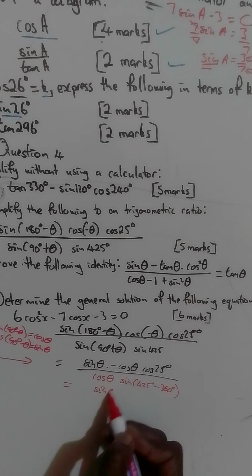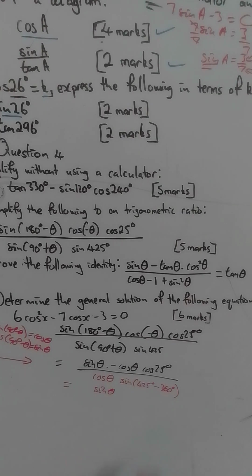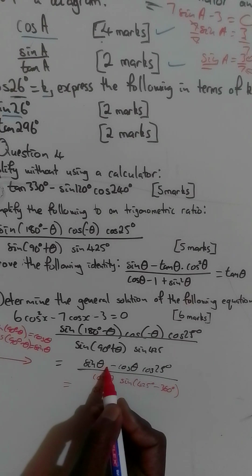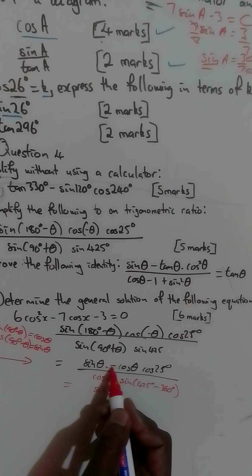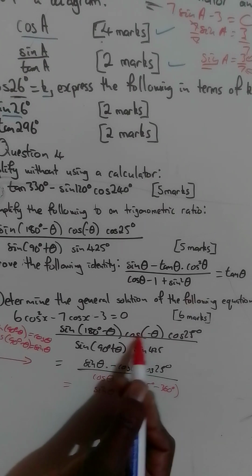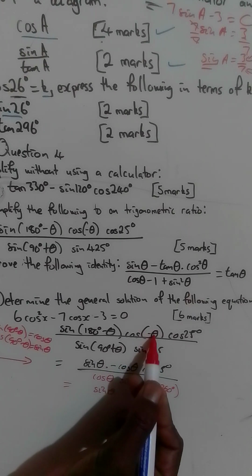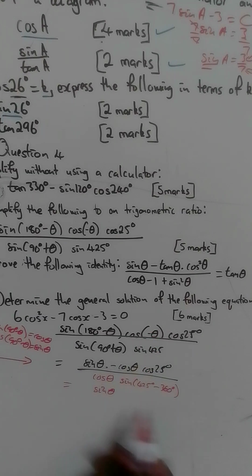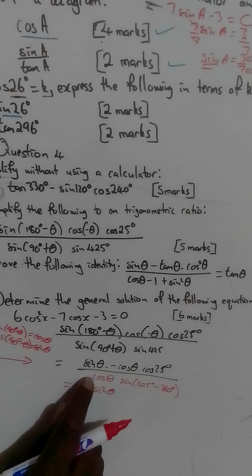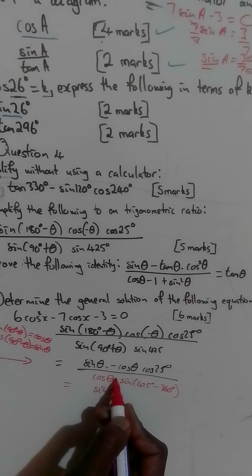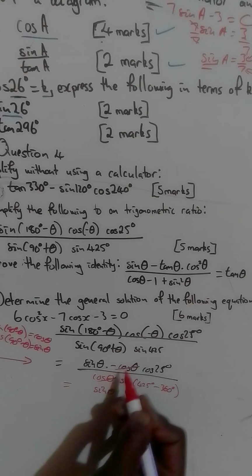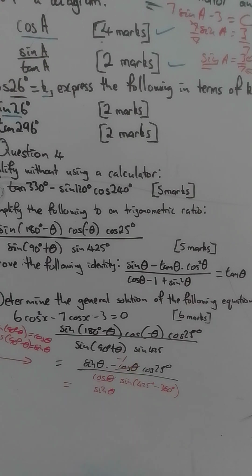So we've got sin theta here, right? Now, remember, these are all multiplying. This is not a minus, this is a negative. Cos theta is coming from cos, open bracket, negative theta, which is a negative angle. And here I've got cos theta on the denominator. So I'm allowed to cancel these two. Now I'm left with negative 1 there.